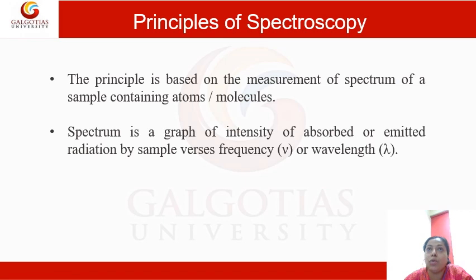So we will have absorbance on one of the axes, and wavelength or frequency on the other axis. The spectrum that we get is obtained in the form of a graph which measures the absorbance versus frequency or wavelength.